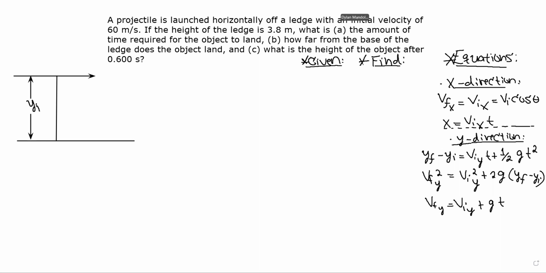So let's keep track of our given data. Let's see what we have. We have initial velocity is 60. The height, y initial, is 3.8 meters.